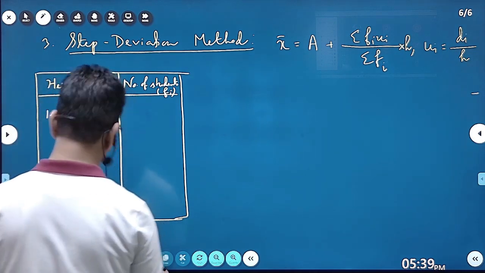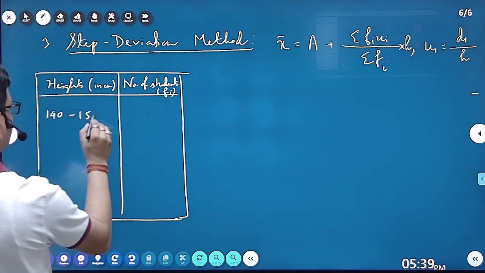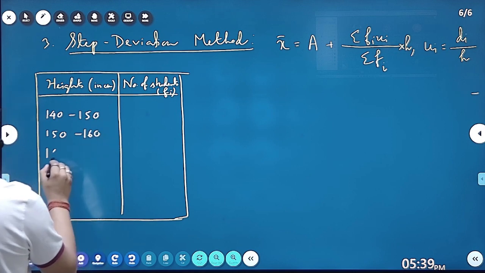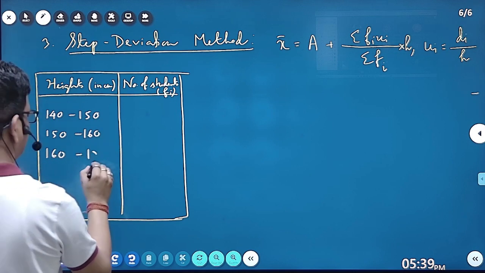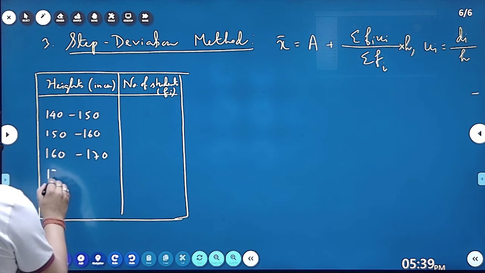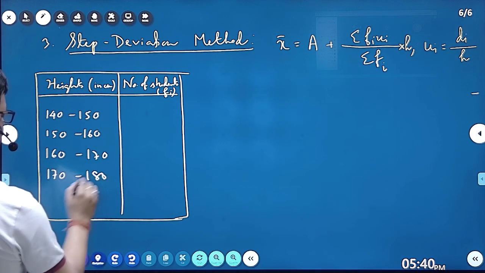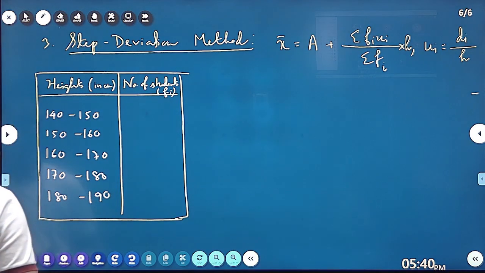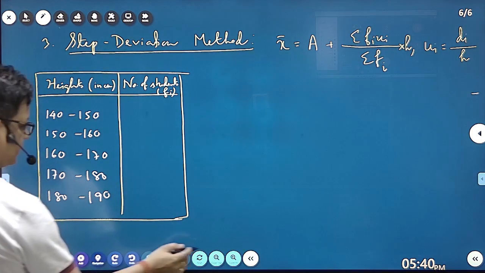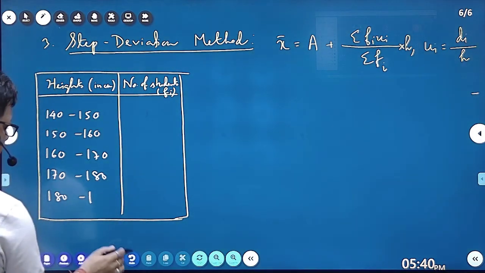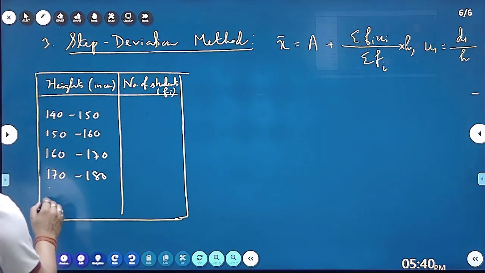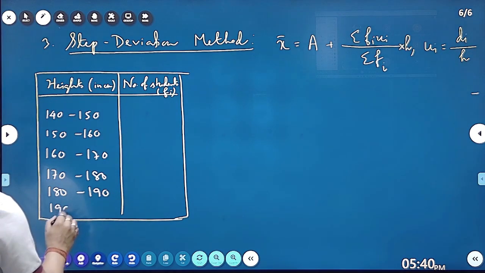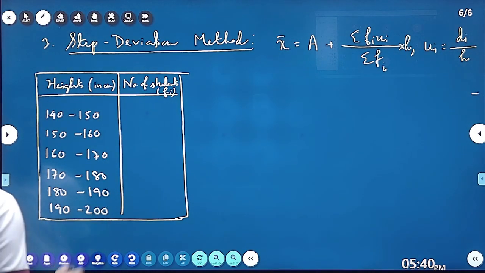No, let us take it smaller: 140 to 150, 150 to 160, 160 to 170, 170 to 180, and 180 to 190. One more, let us take 190 to 200. These are the heights in centimeter of some students.